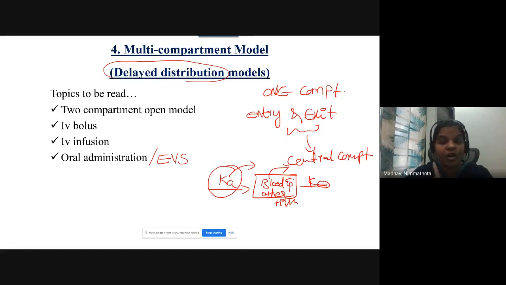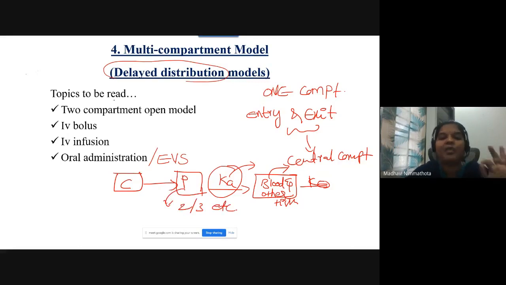And in case of multi-compartment open model, we are going to learn about more than one compartment. That means our body has one central compartment, and this central compartment is joined to the peripheral compartments. Your peripheral compartments may be 2 or 3 and so on.